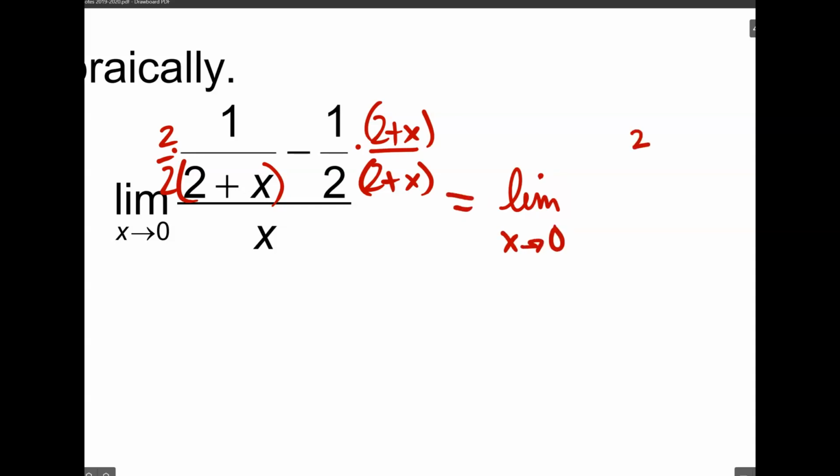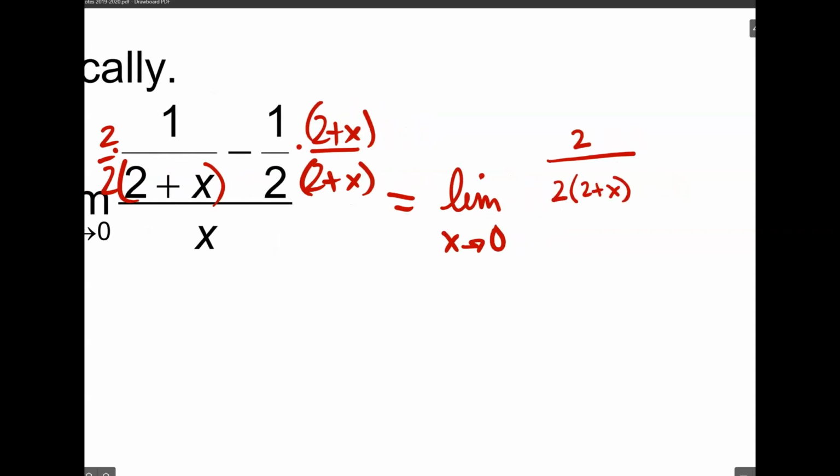So this is going to be 2 over 2 times 2 plus x minus 2 plus x over 2 times 2 plus x, all over x. How did I get 2?